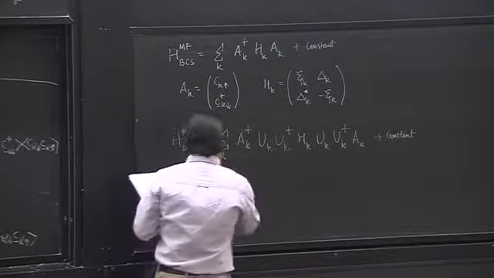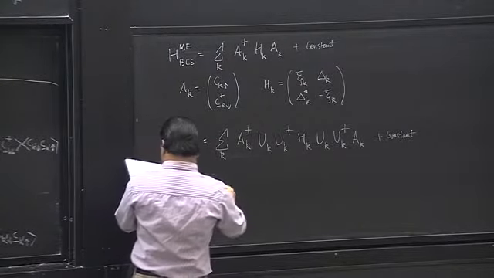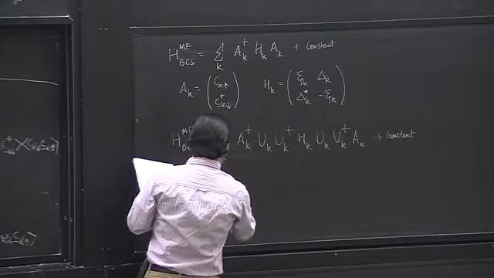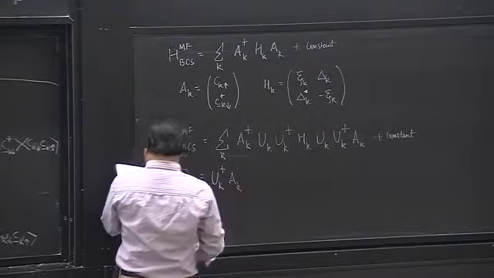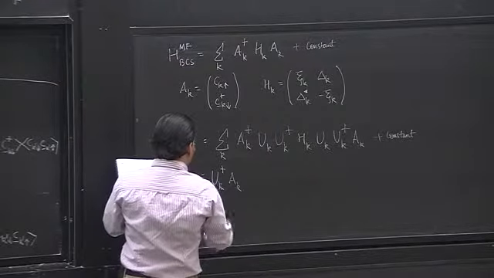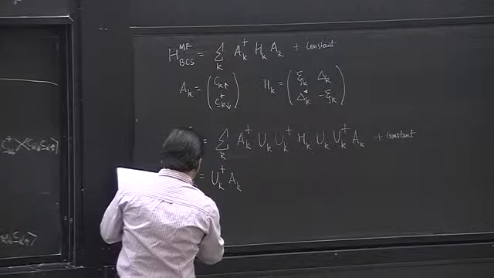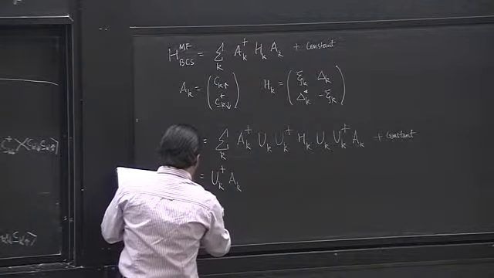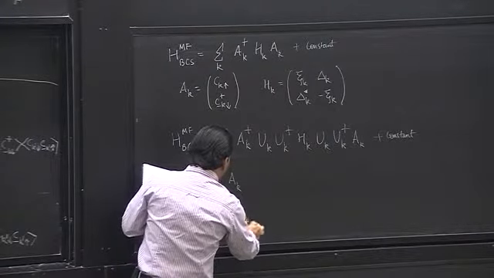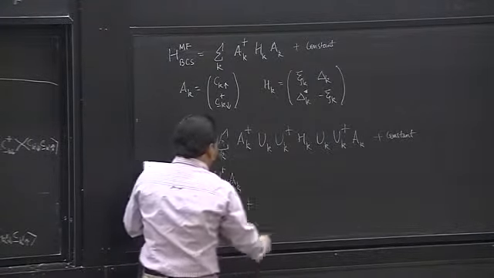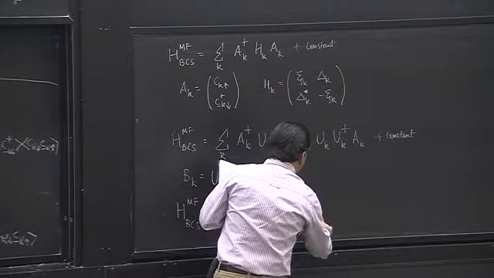So I can define BK as UK dagger AK, and with this BK, what you will find is that the BCS Hamiltonian will be sum over K BK dagger, and now you will have something diagonal here, BK.